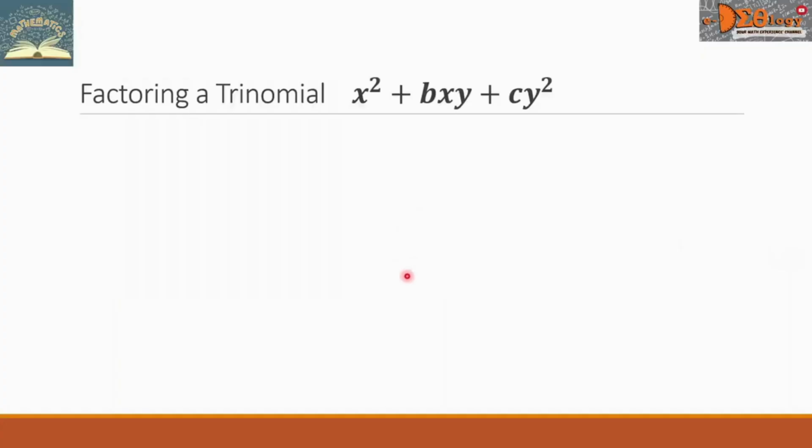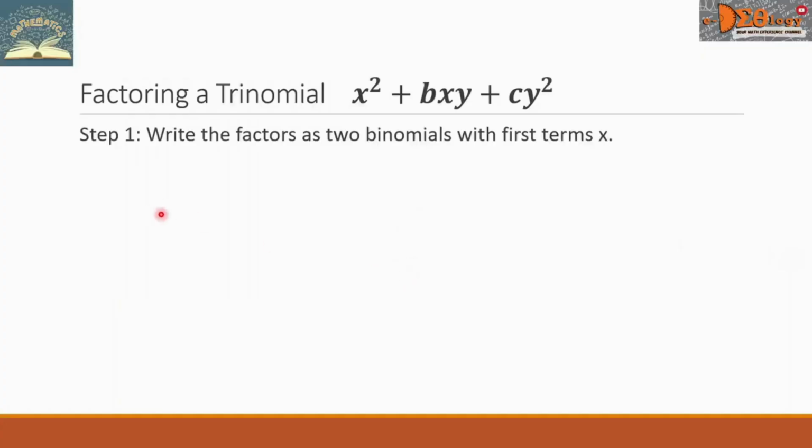We have these steps. Step 1. Write the factors as two binomials with first terms x. So our trinomial here equals x plus blank y times x plus blank y. We are going to find the coefficients of y respectively.